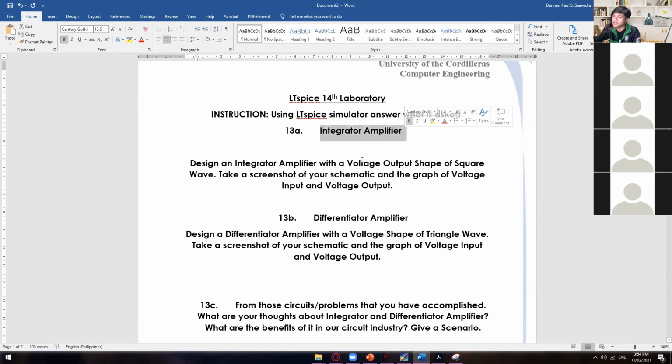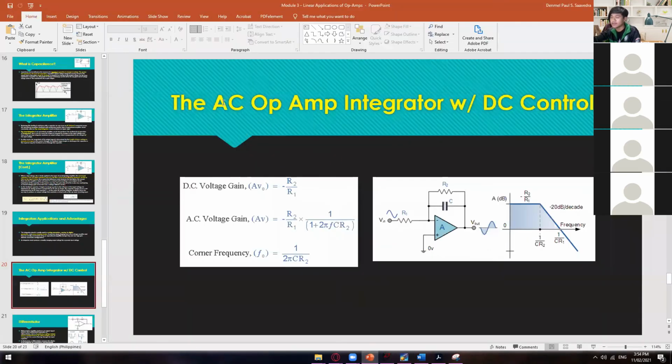Okay, so for integrator, design an integrator amplifier with a voltage output shape of square wave. You can use any kind of integrator. We have one type here, which is the AC op-amp integrator. There are lots more that are related to integrator. We even have the ramp integrator.